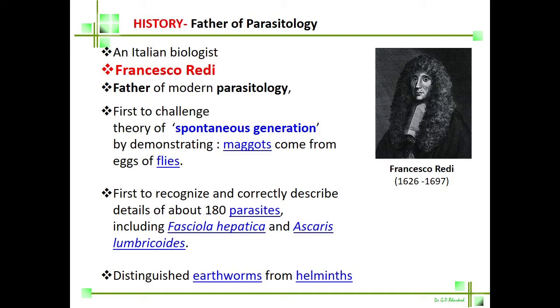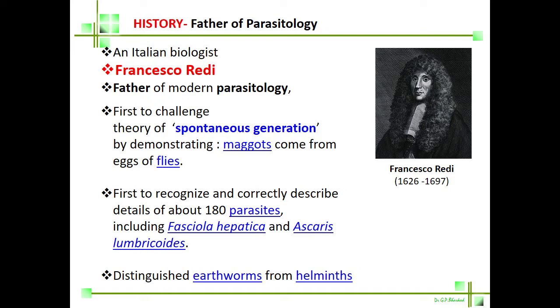Earlier, it was thought that the maggots which we find in the wounds of different animals generate spontaneously. But an Italian biologist, Francisco Redi, challenged this theory of spontaneous generation of maggots in the wounds, and he demonstrated that the source of maggots is the eggs of the flies.